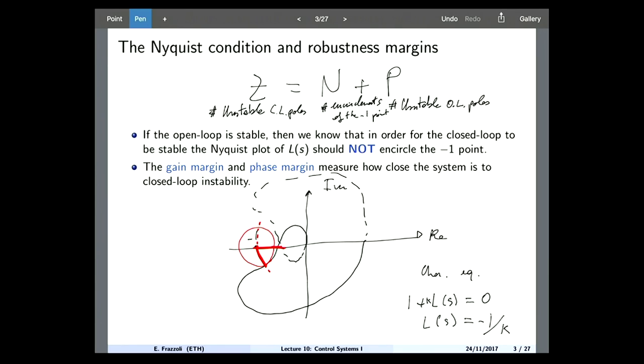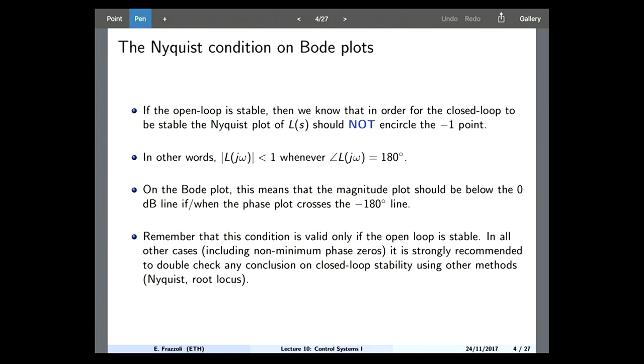Now, on the Nyquist plot, what would make sense is to just look at the radius of this circle, how far your Nyquist plot gets from the -1 point. The reason why gain margin and phase margin are important is because they are very easy to see on the Bode plot.